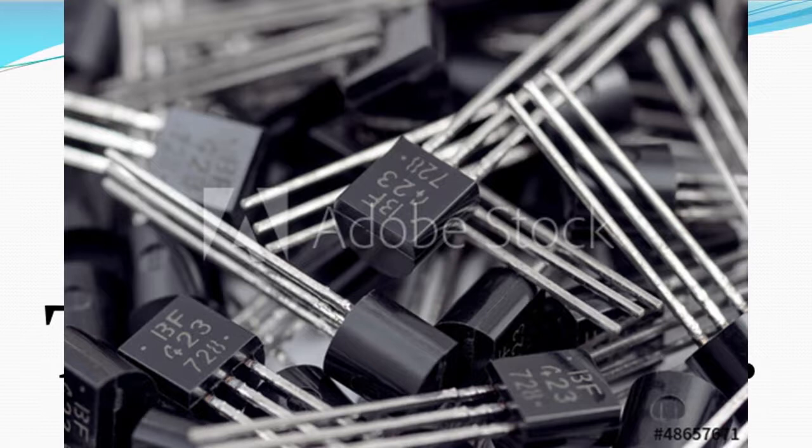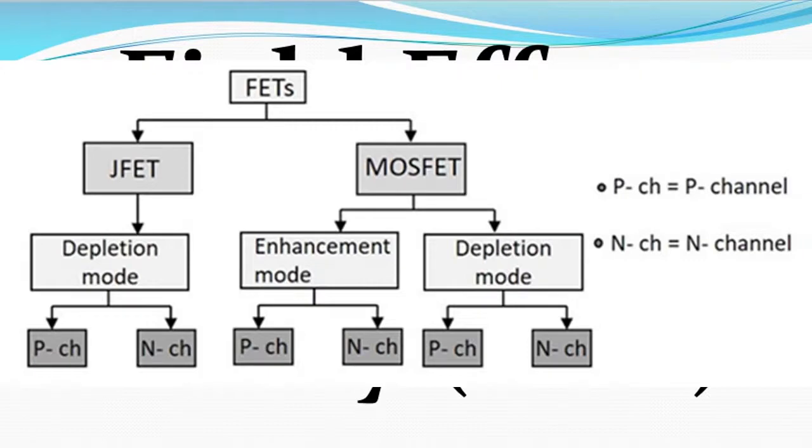So that is to tell you that in the absence of the bipolar transistor, the field effect transistor can be used to replace the function of the bipolar junction transistor. There are also two basic classifications of field effect transistor. Number one is the N-channel field effect transistor, and the second one is the P-channel field effect transistor.